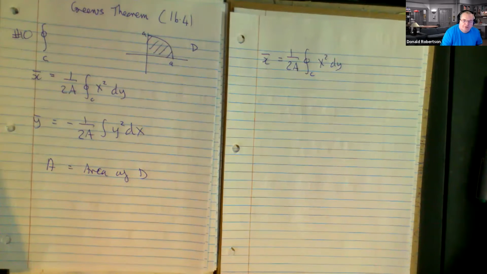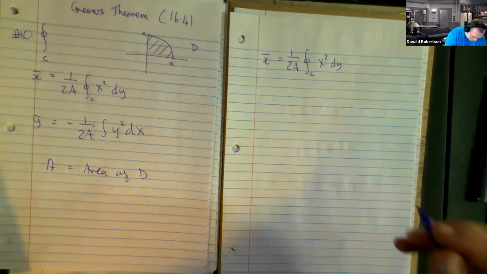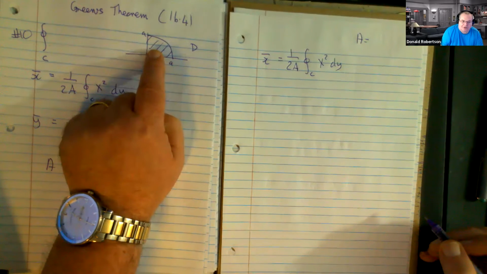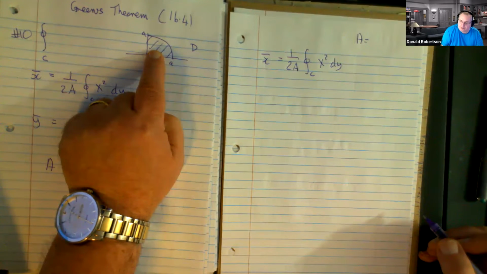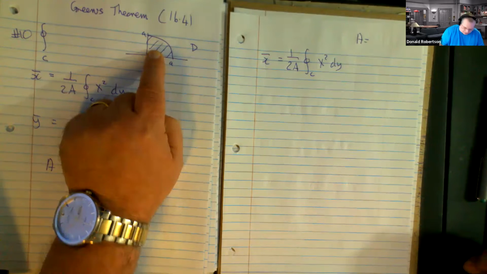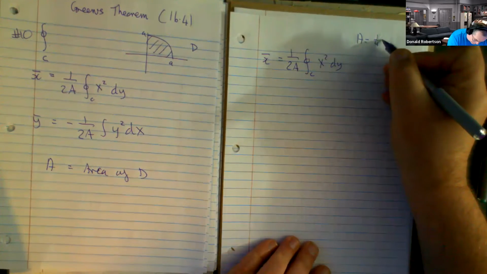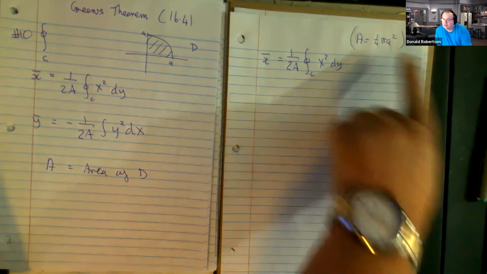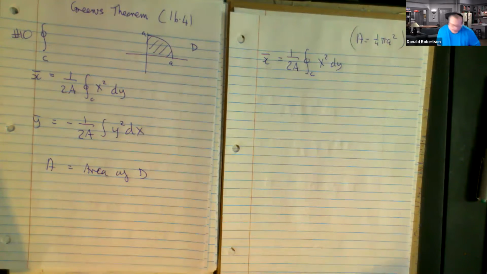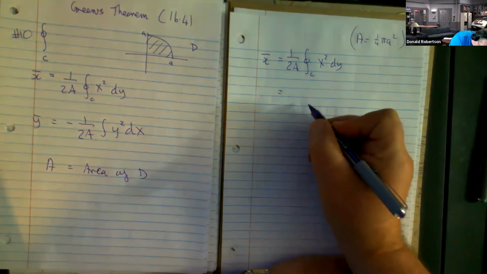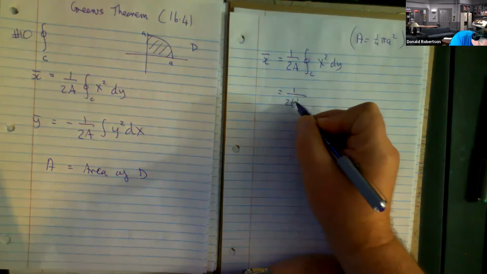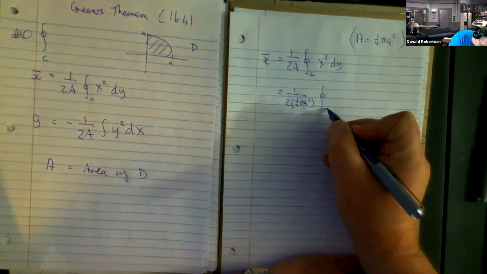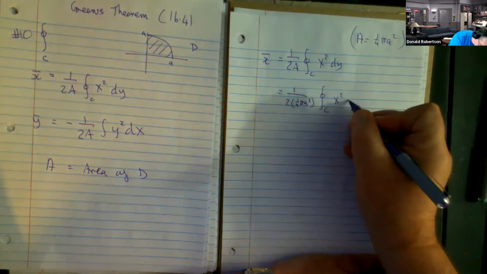Oops, we seem to have lost it. A is the area of this. Well, isn't this a quarter of a circle? So it's a quarter pi r squared. And since the radius is A, it's 1/4 pi A squared. Are you comfortable about A just being that? Okay. So we are now going to be doing 1 over 2 times 1/4 pi A squared, a closed line integral of that.